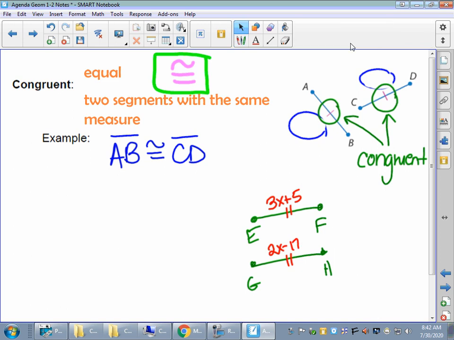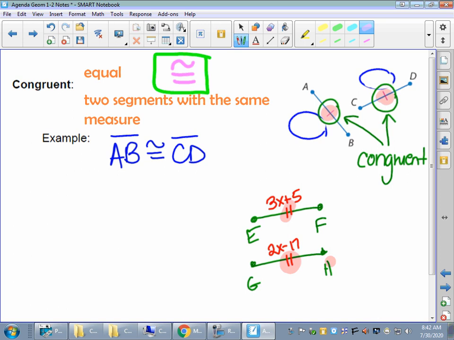First of all, I don't tell you the actual length. I don't know that EF is equal or congruent to GH, except for these little double dashes. I wanted you to know that EF and GH are congruent to each other, but not the same length as AB and CD. So it's like a double dash, or I could use triple dashes if I had another pair of congruent segments.